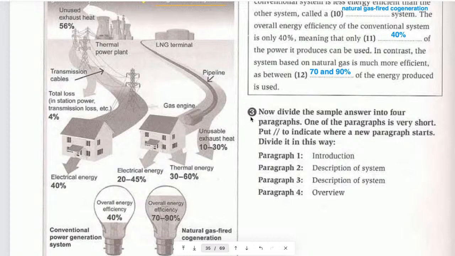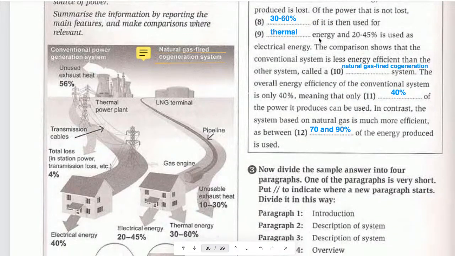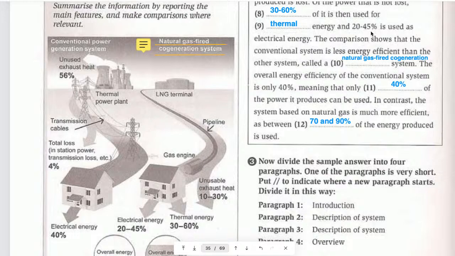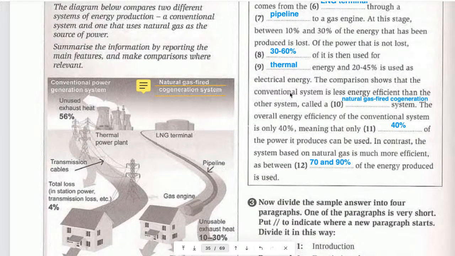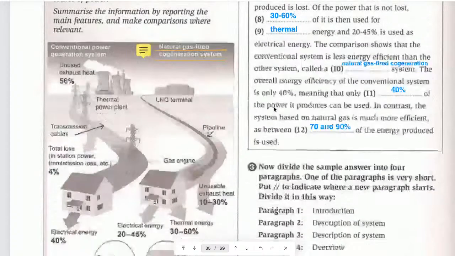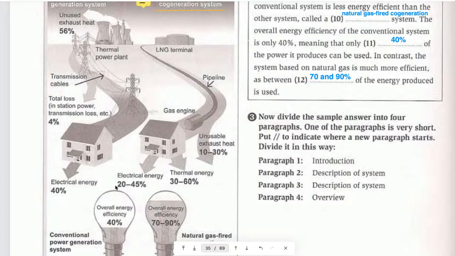So this one is a little bit different from the one before, because here they say that of the power that is not lost, 30 to 60% is used for thermal energy. We can see it right there: thermal energy 30 to 60%, and electrical energy 20 to 45%.